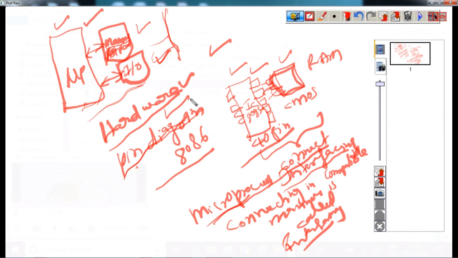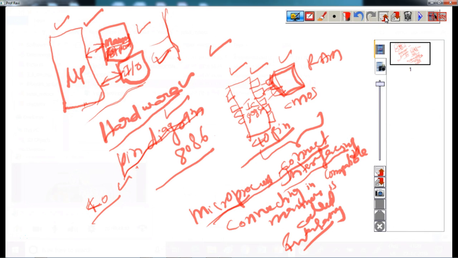So in this class, we'll try to look into the pin diagram of 8086. There are 40 pins but multiple functions. So what I'm going to cover in these classes is how to understand it easily, from the point of view of how a system is designed.